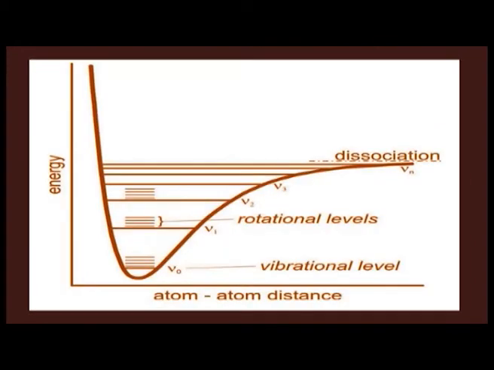Interestingly, E electronic is greater than E vibrational, which further is greater than E rotational. The vibrational levels introduce coarse lines while rotational levels introduce fine lines in the electronic structure. For the coarse lines, the total energy is equal to electronic energy plus vibrational energy. Please see the figure on your screen for a visual of this.